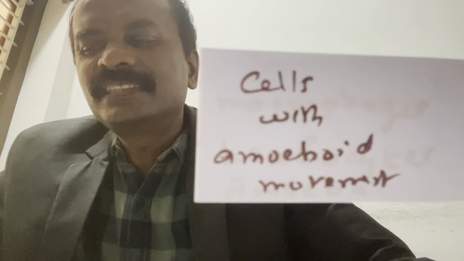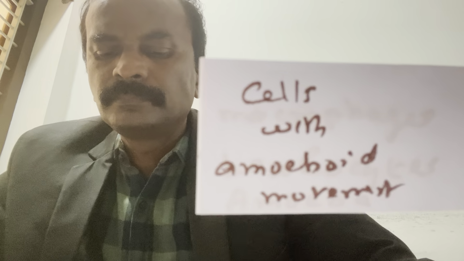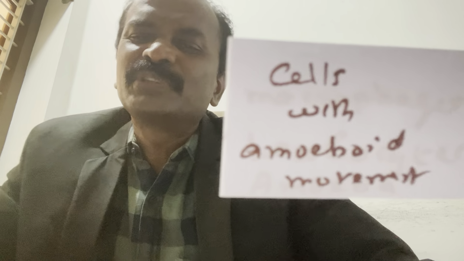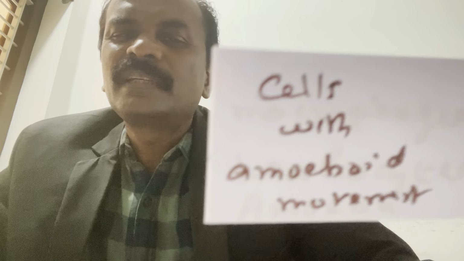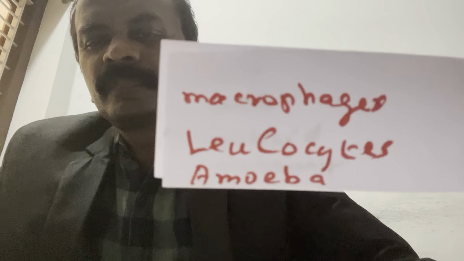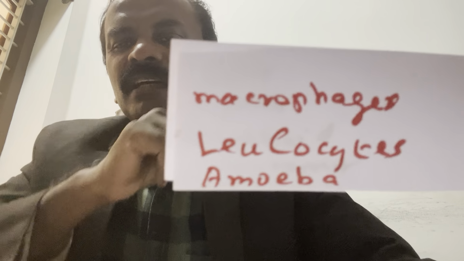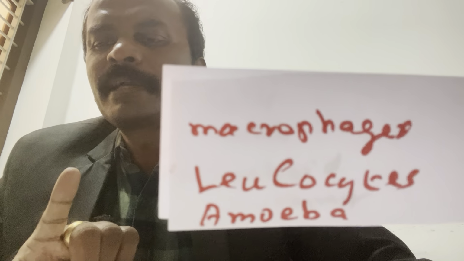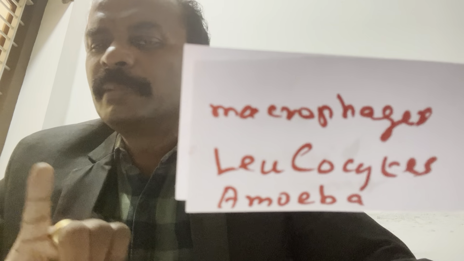So, name the cells with amoeboid movement. I think this MCQ, repeatedly they have asked this MCQ. They will give macrophages, leukocytes and amoeba. So how does macrophage move? Amoeboid movement.